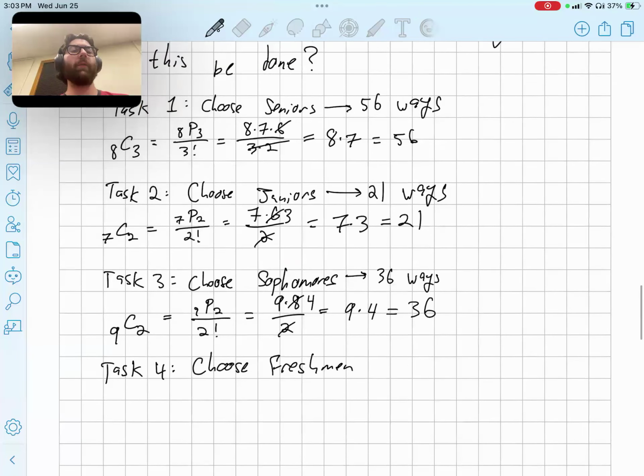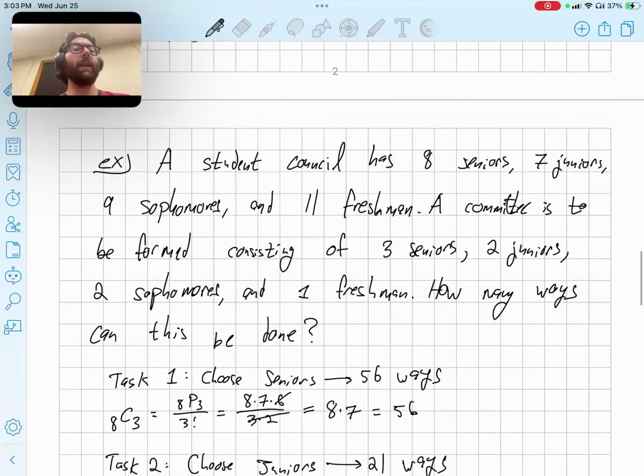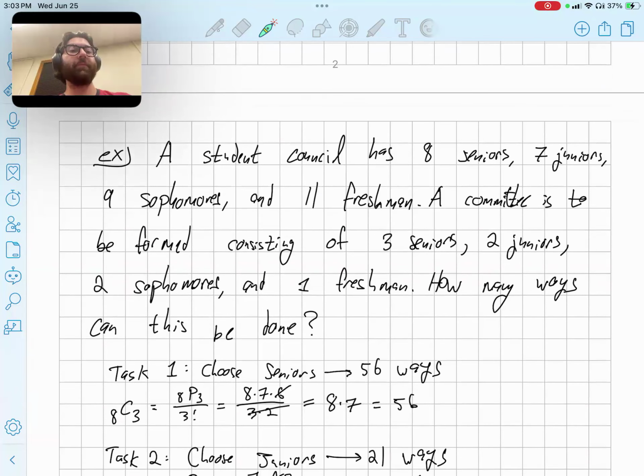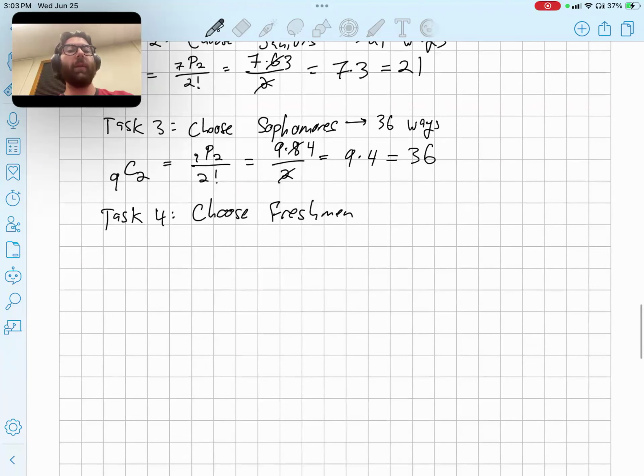to choose our sophomores. Finally, we need to choose our freshmen. We have 11 freshmen. We only want to choose 1 of them. So we're going to be doing 11 choose 1. So that's 11 permute 1 over 1 factorial. Well, 1 factorial is just 1, so that's just 1. So it's 11 permute 1.